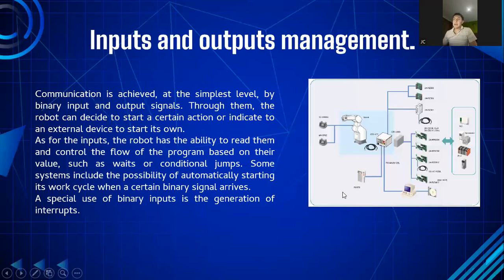And input and output management. The communication is achieved at the simplest level by binary input and output signals. Through them, the robot can decide to start a certain action or indicate to an external device to start its own.